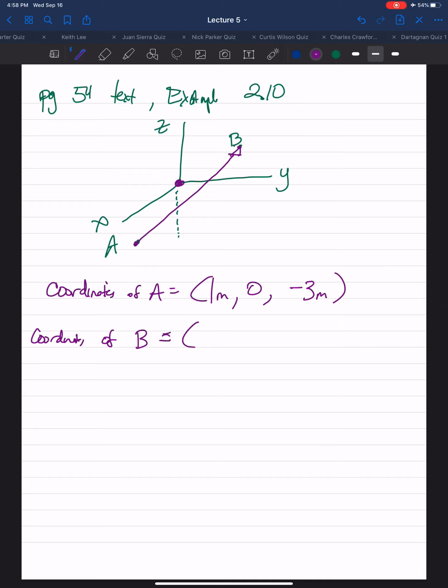So that's -2. In the y direction is positive. And it's showing that distance as +2. And it's in the positive z direction of 3 meters.